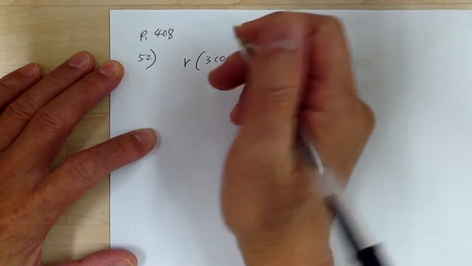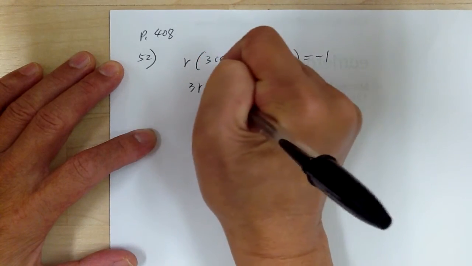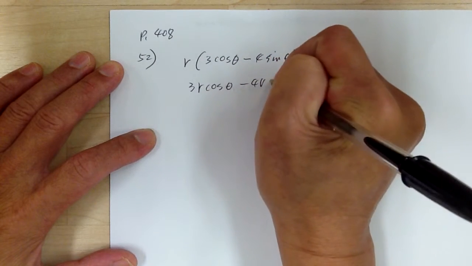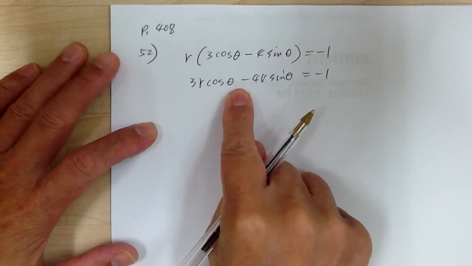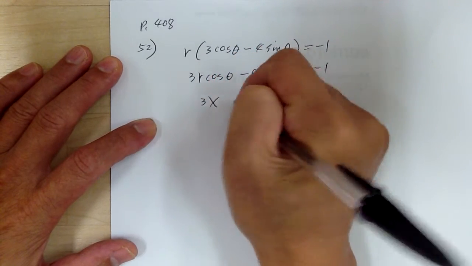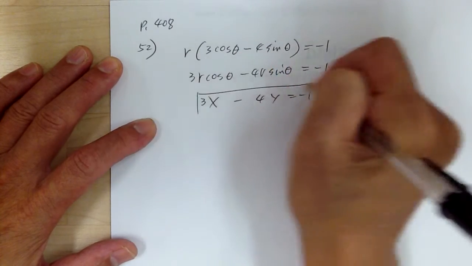So you want to convert to rectangular form. So distribute, you get 3r cosine theta minus 4r sine theta equal to -1. And r cosine theta equal to x, so this is 3x. And r sine theta is y, so minus 4y equal to -1, and that's it.